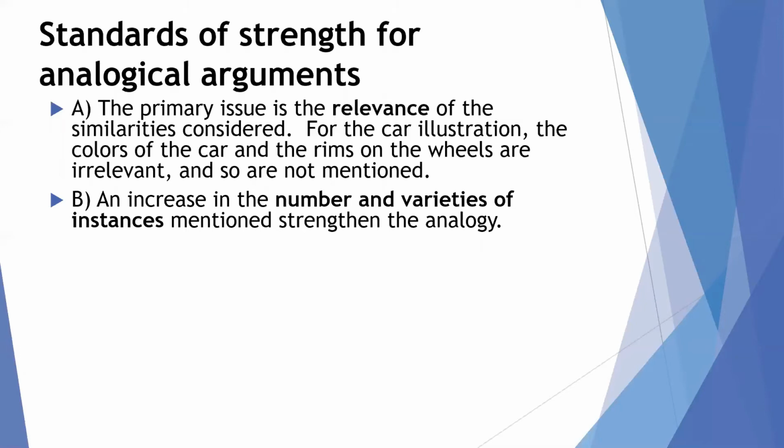If we could increase the number and varieties of instances in the group we're comparing the individual thing to, or the smaller group to, then that would strengthen the analogy.